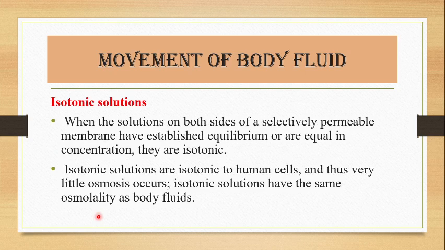The movement of body fluid is categorized into three: isotonic solution, hypotonic solution and hypertonic solution. Isotonic means both sides are equal in nature, both concentration and solute and solvents are equal.